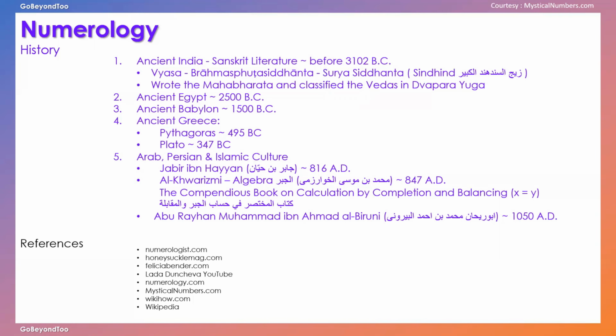And scholars in ancient Greece are Pythagoras and Plato, who lived around 500 to 300 BC. Also, in the Arab, Persian, and Islamic culture, we have three notable scholars, and they are Jabir ibn Hayyan, Al-Khawarizmi, and Al-Bayruni, all of which are very well known, and they lived from the year 800 to the year 1000 AD.